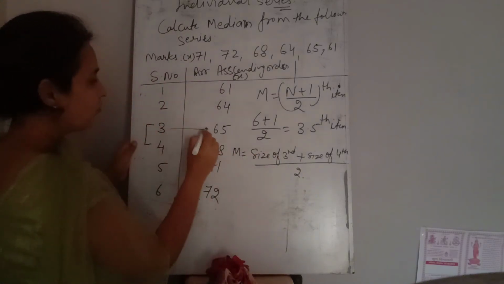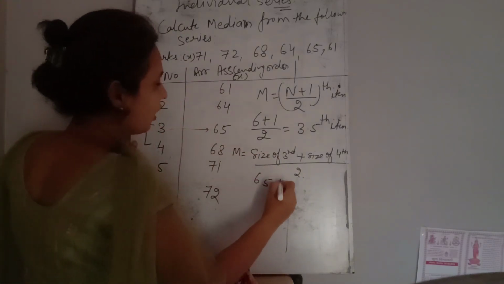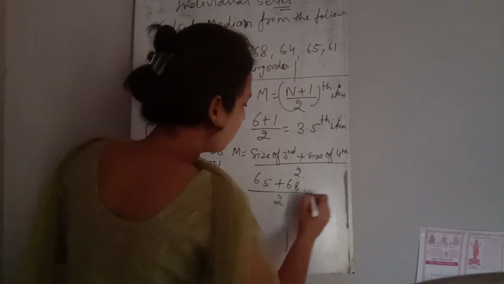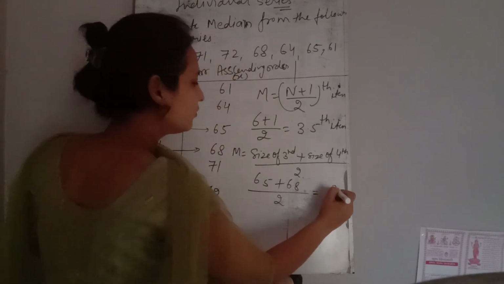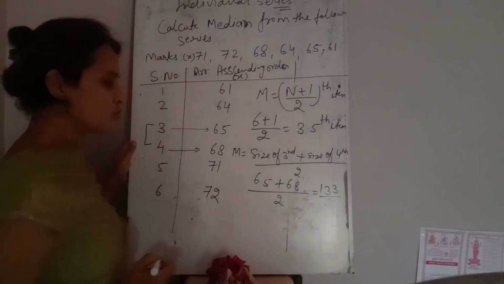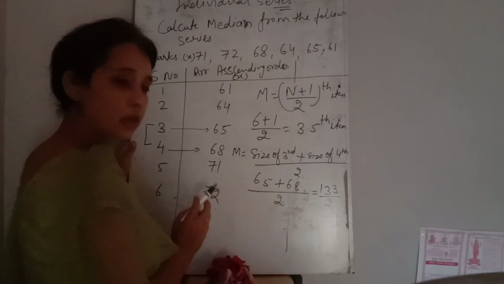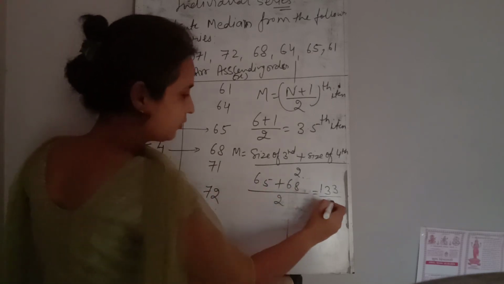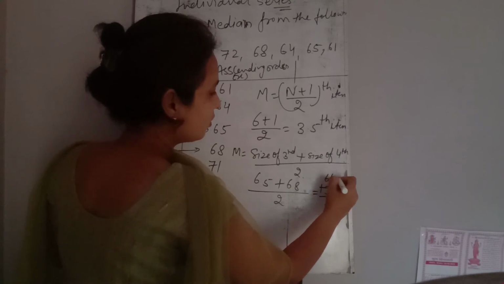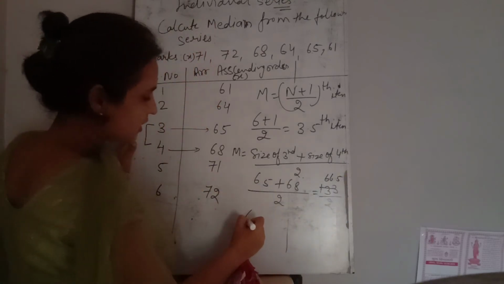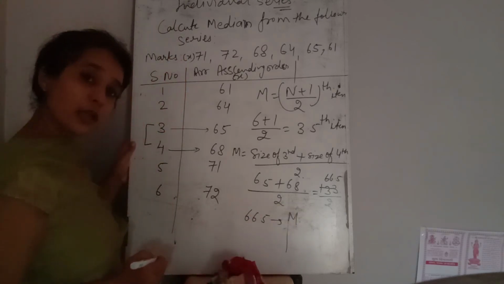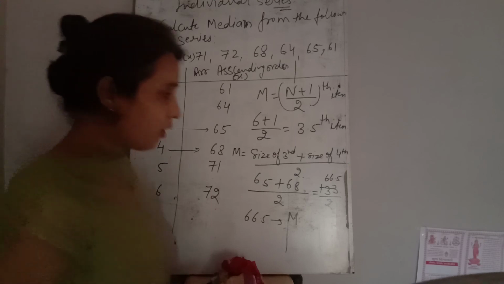What is the value of the third item? 65, and the fourth item 68, divided by 2. Add both of them: 133 divided by 2. Now divide it: 66.5. That will be the value of M. Clear? This is the value of M.